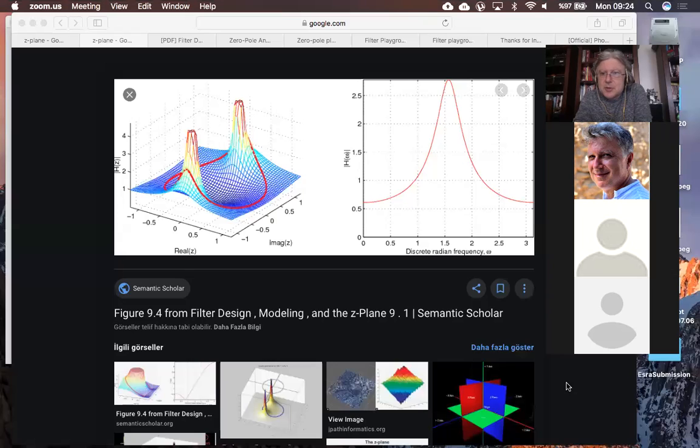So I'm now sharing my laptop. Can you see my laptop, by the way? Are you able to see what I am seeing?